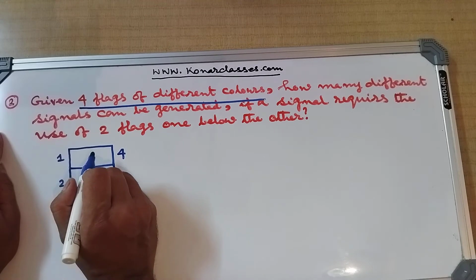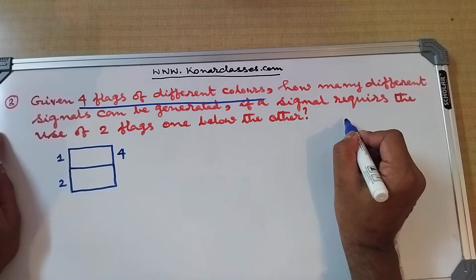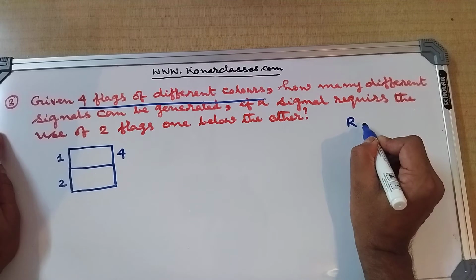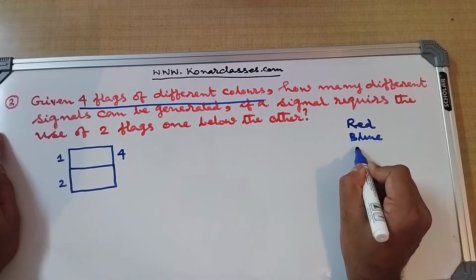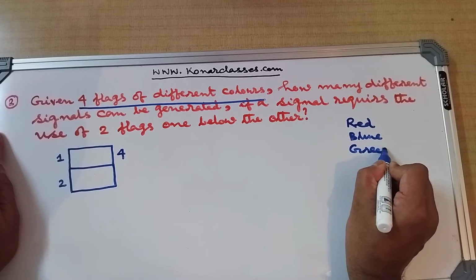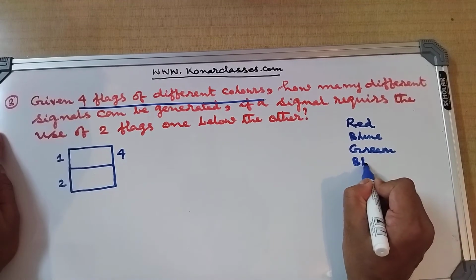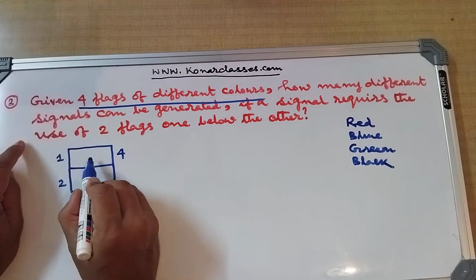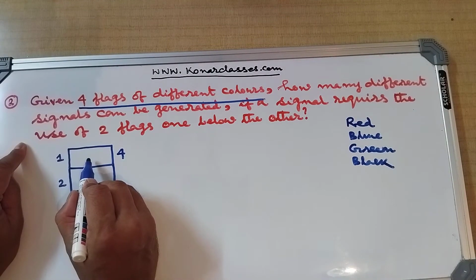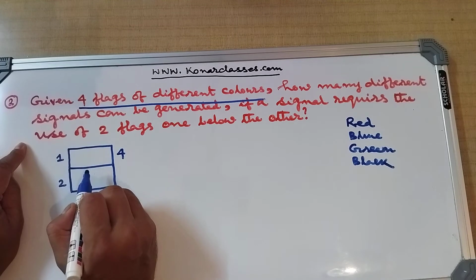For example, if we assume the colors as red, blue, green, and black, suppose. Then the first vacant place can be filled by either red or blue or green or black.